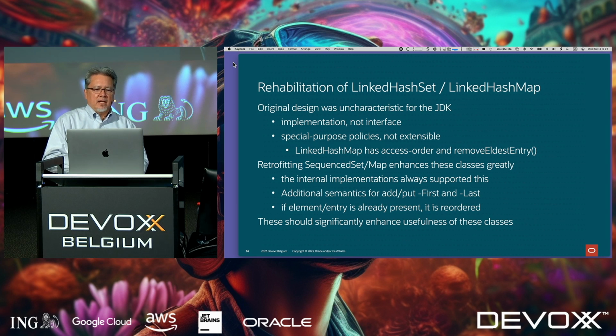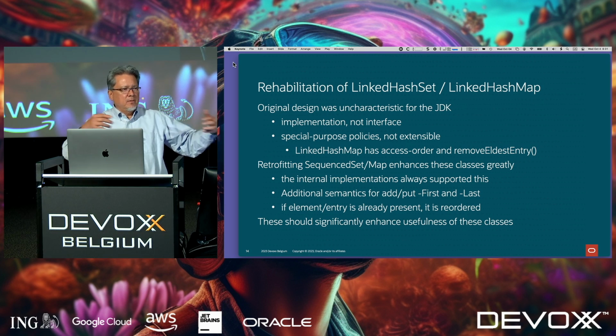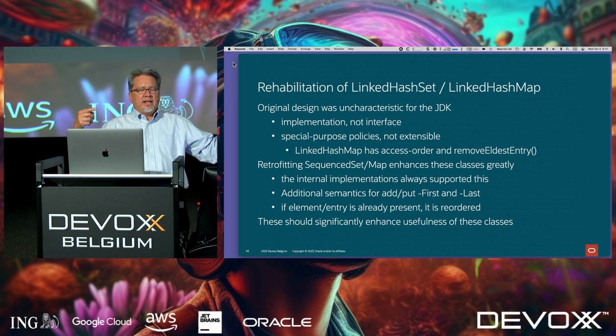Anyway, I think that sequenced collections fixes all these problems because linked hash set and linked hash map have been enhanced so that they now implement the sequenced set and sequenced map interfaces. What's funny is that the internal implementations of linked hash set always supported this. Basically, linked hash set was a set with a doubly linked list running through all the elements.